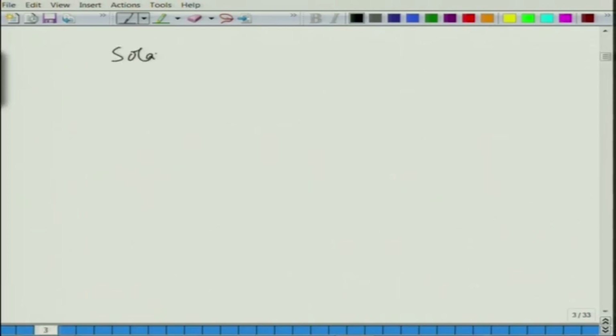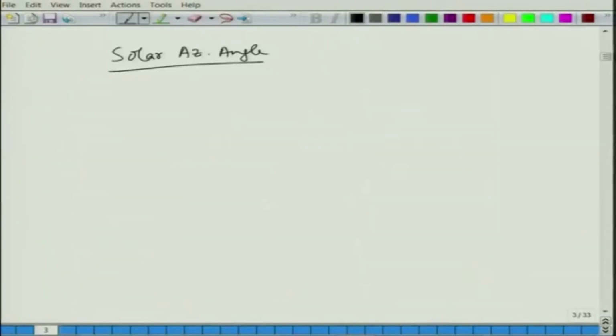For solar azimuth angle, we have not yet derived or written any clear cut expression for this solar azimuth angle. Okay. So, let us first do that.